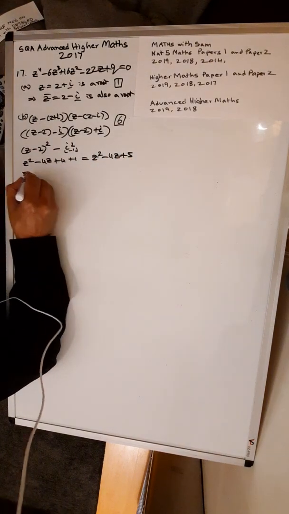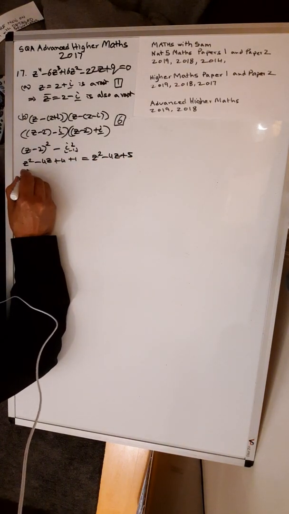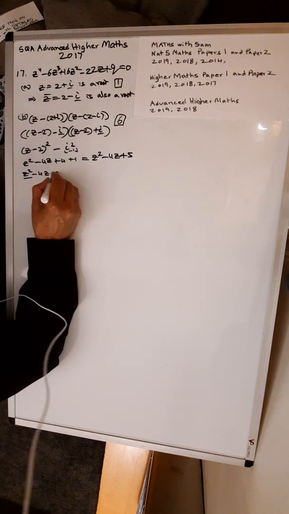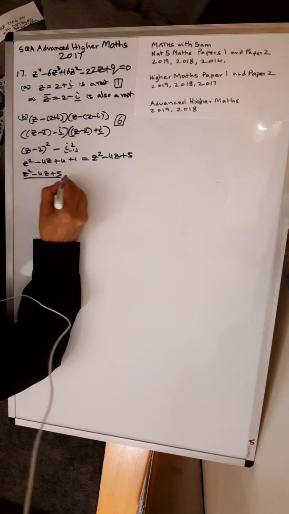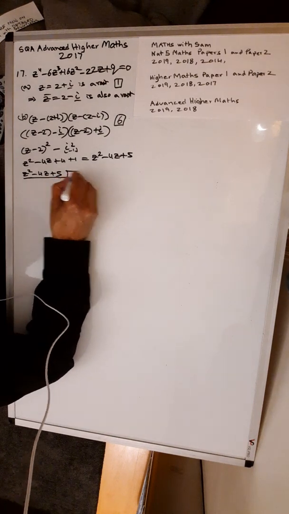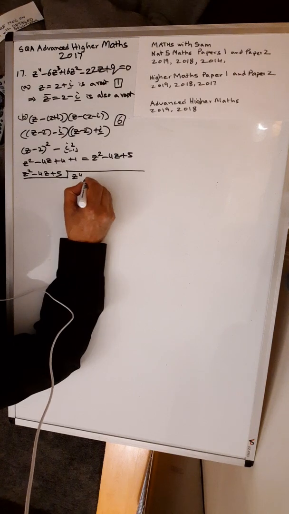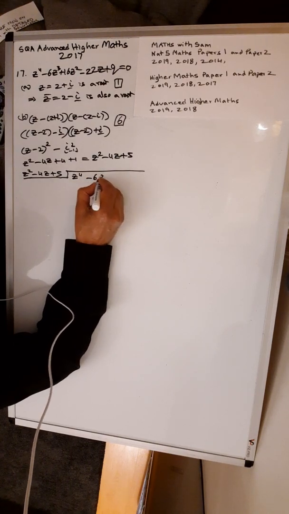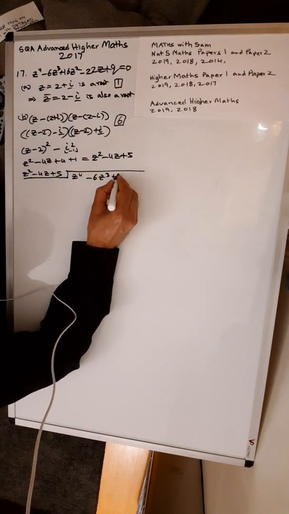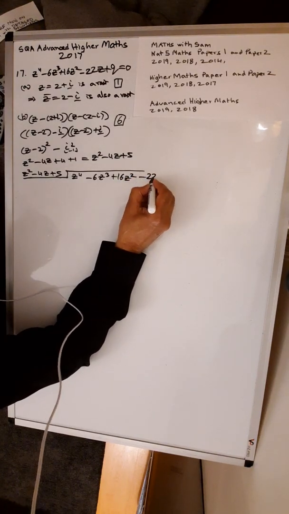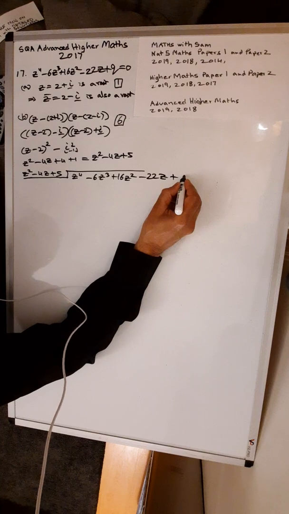You divide that into the quartic. So z squared minus 4z plus 5 is being divided into the 4-degree polynomial, z to the 4 minus 6z cubed plus 16z squared minus 22z plus q.